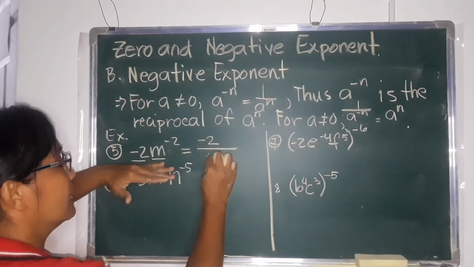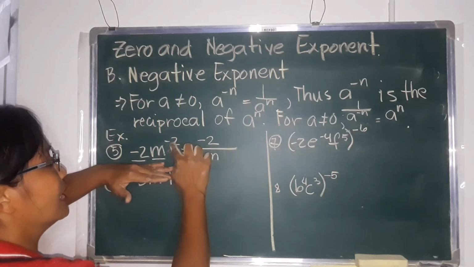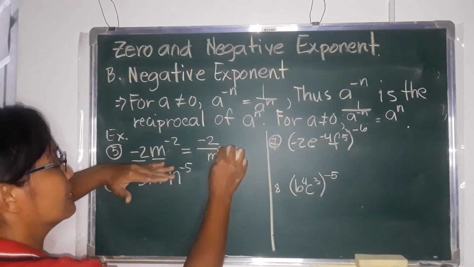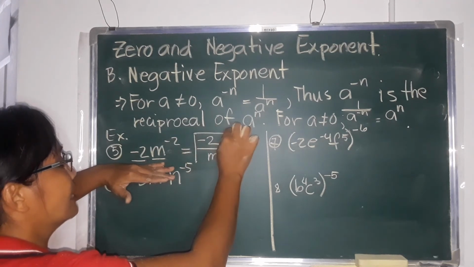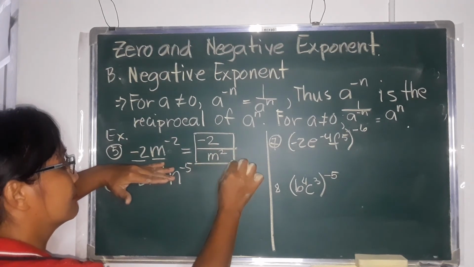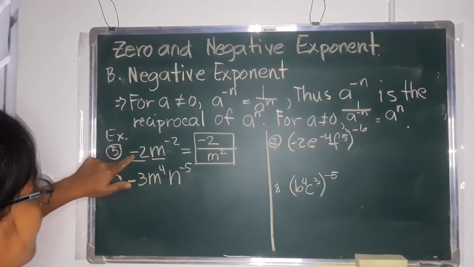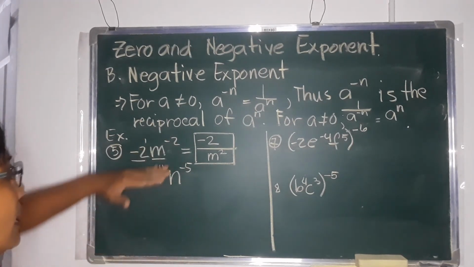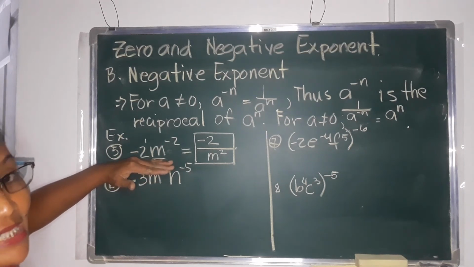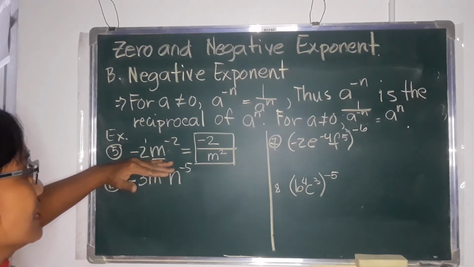Copy the base m and then change the negative into positive. So this is already your final answer. Why? Because negative 2 has an exponent of 1. Remember that if there's no exponent written, the exponent is 1.